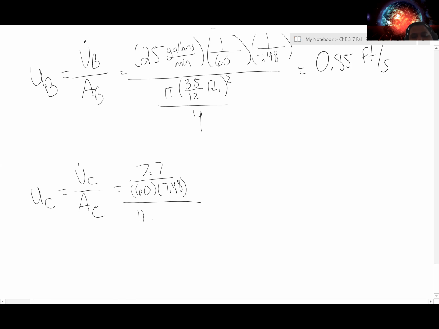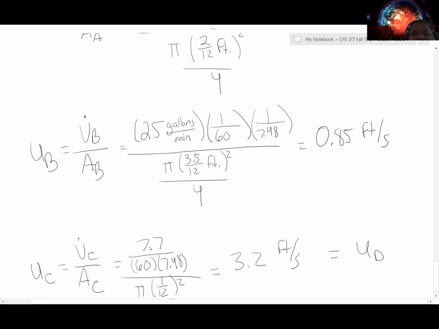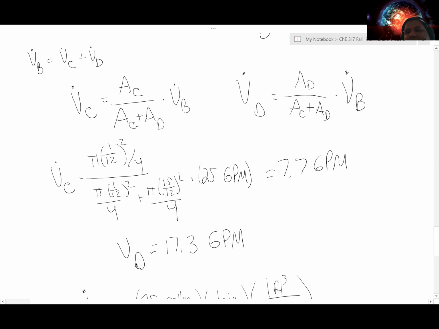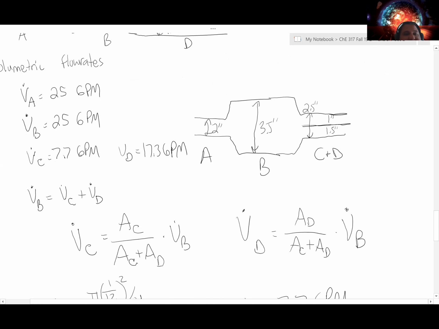And then pi times 1 over 12 squared over 4, which gives you approximately 3.2 feet per second. And you'll actually find that it equals the velocity of D, because once again, the fluid doesn't see sections C and D separately, it sees them as one continuous section. And so those flow velocities will be the same.